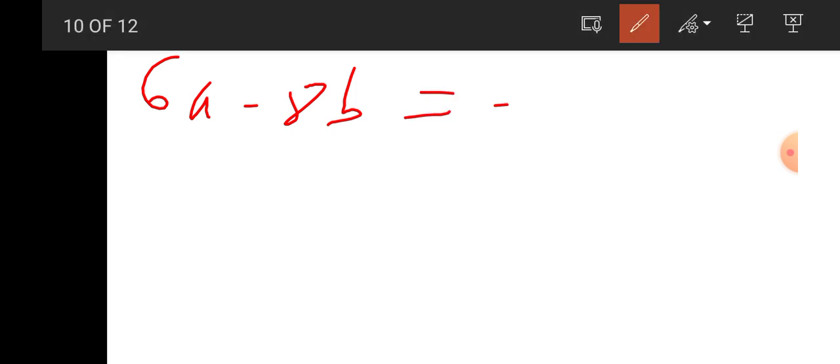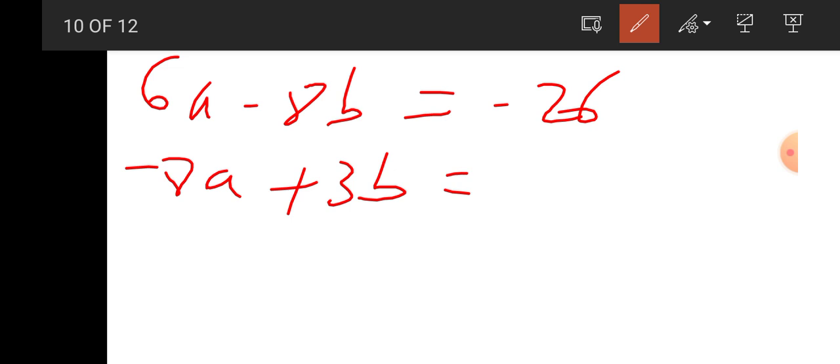This is equal to minus 26. እንደገና minus 8A plus 3B is equal to minus 19. Simultaneous equation.